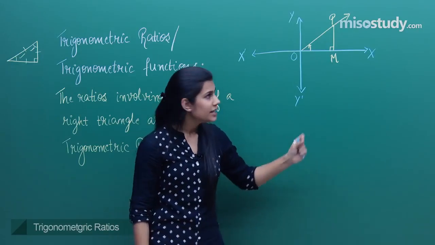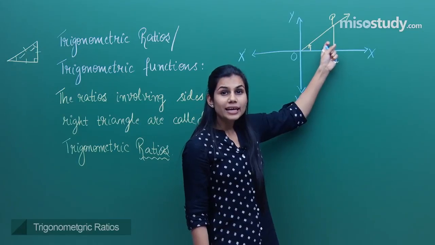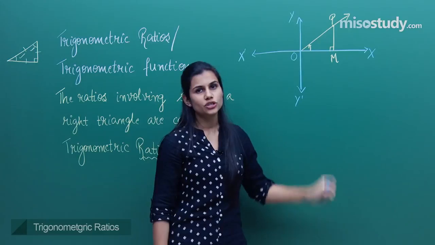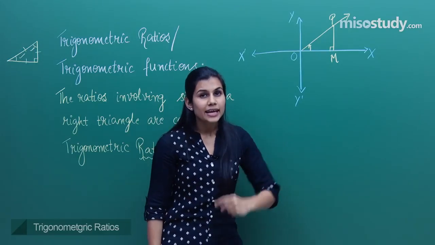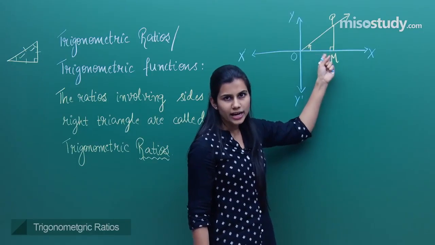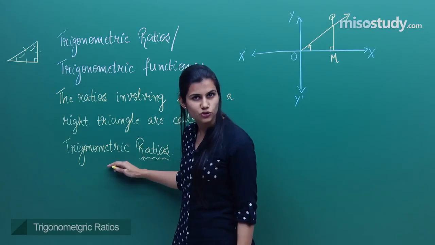We are going to deal with such a right triangle and establish ratios with the help of its sides, and then come up with what are known as the trigonometric ratios.